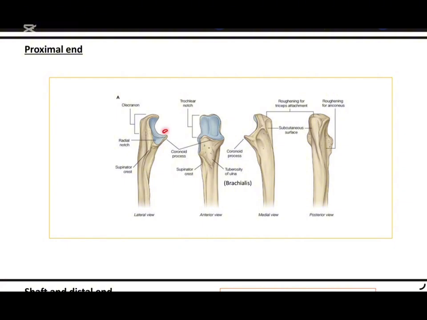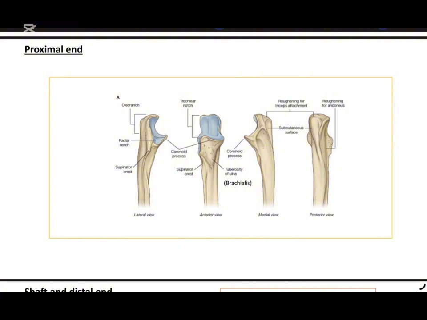Anteriorly, we said we have the coronoid process, which comes inside the coronoid fossa when we do flexion at the elbow joint. And in between here, I have the trochlear notch to articulate with the trochlea of the humerus, okay? So I have here the trochlear notch, posteriorly the olecranon process, and anteriorly the coronoid process.